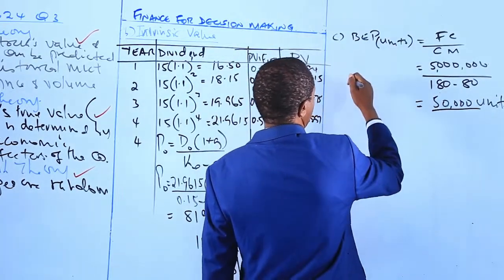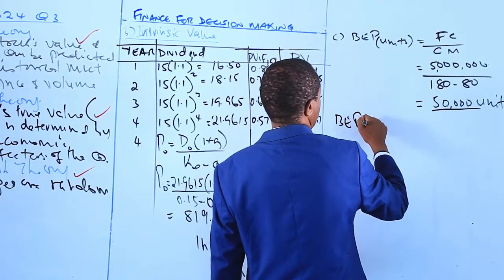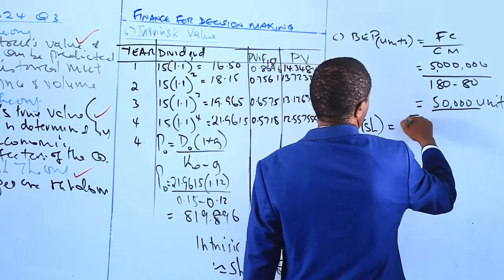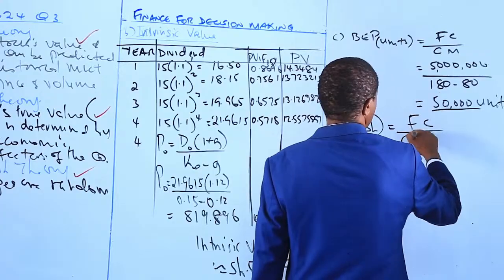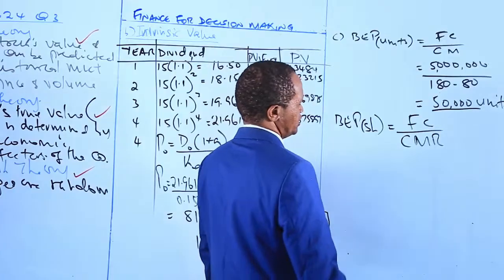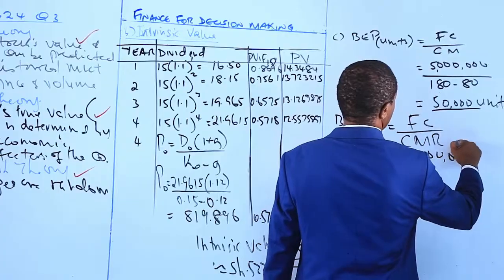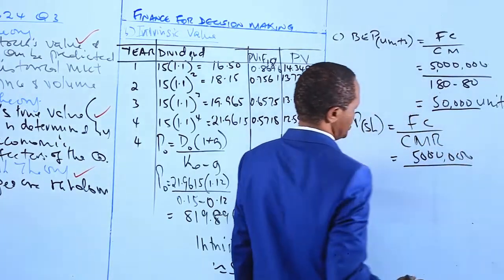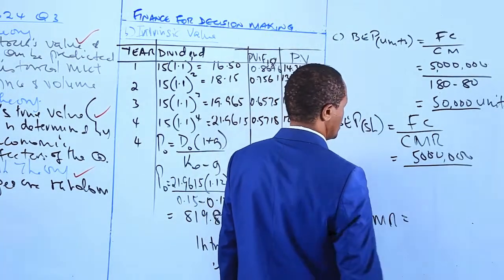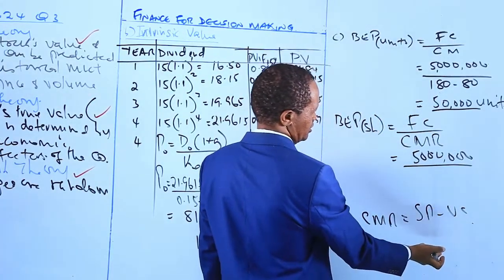Then to calculate the break-even point in shillings, that will be equal to the fixed cost over contribution margin ratio. So we are going to have it at 5 million over the contribution margin ratio. How do you calculate the contribution margin ratio? Contribution margin ratio is equal to the selling price minus variable cost, that gives us the contribution.